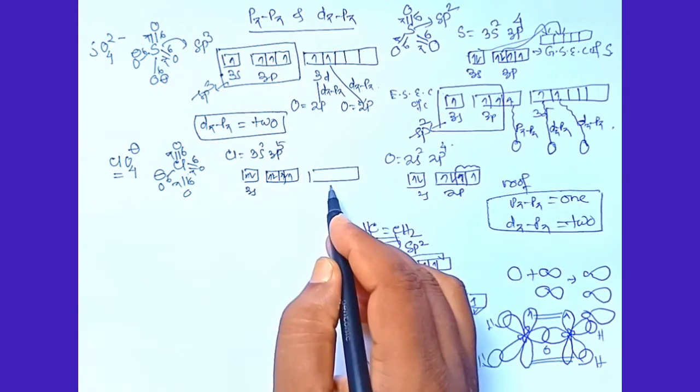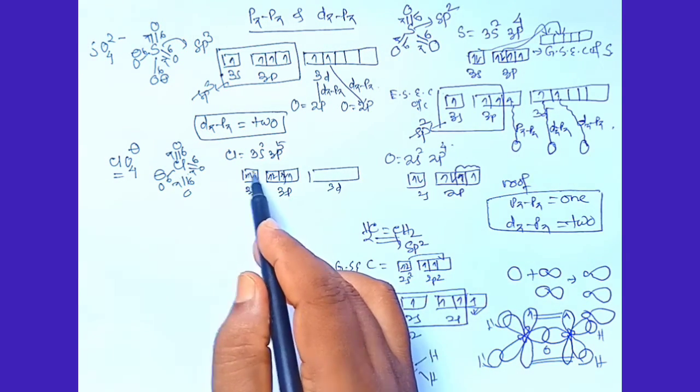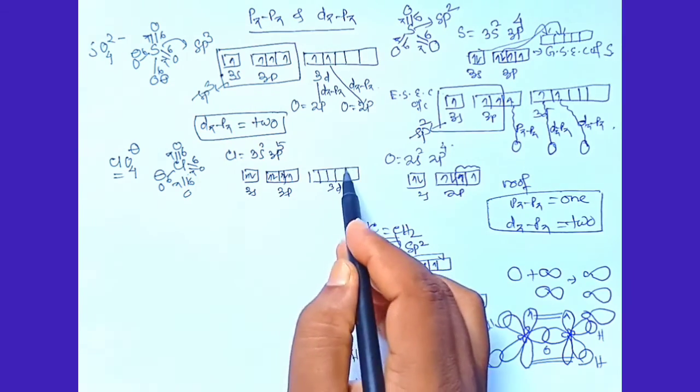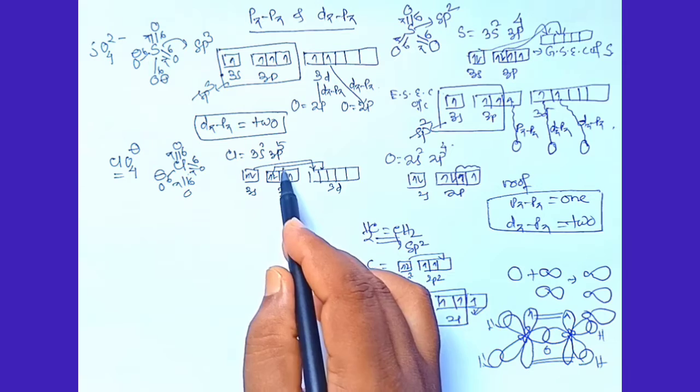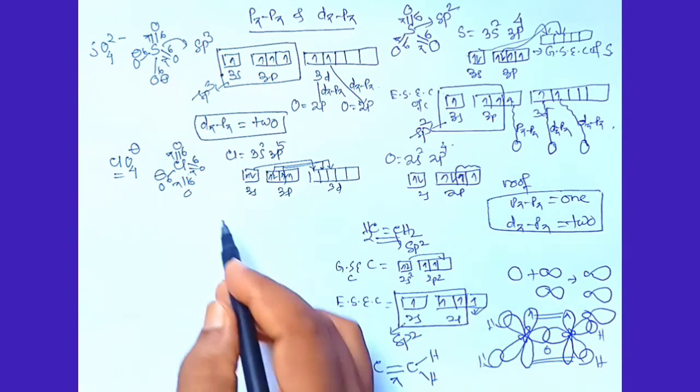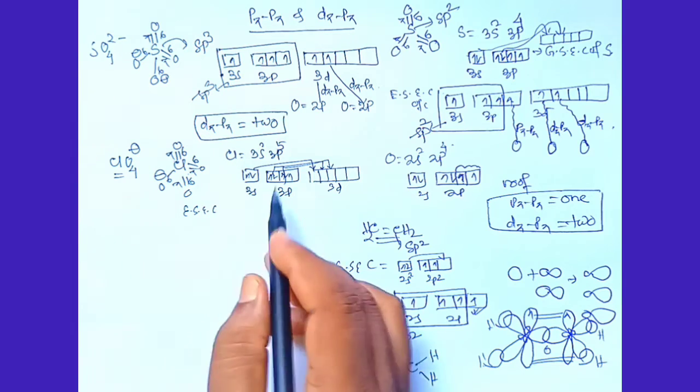It has a vacant 3d orbital, so electrons will be shifted: one electron will be shifted here, one here, one here. So I will draw the excited state electronic configuration of chlorine.